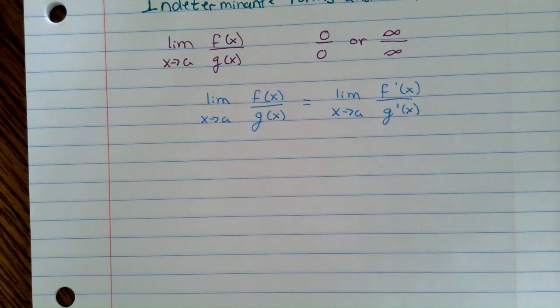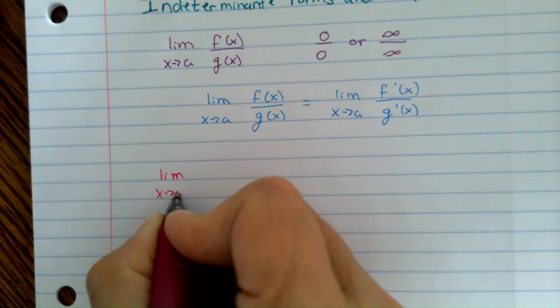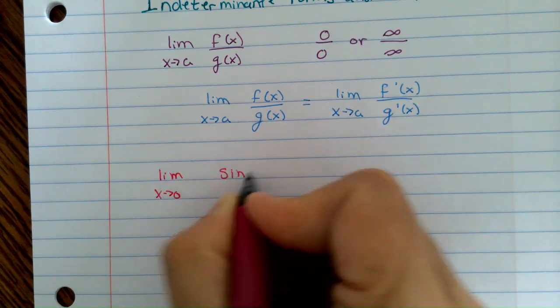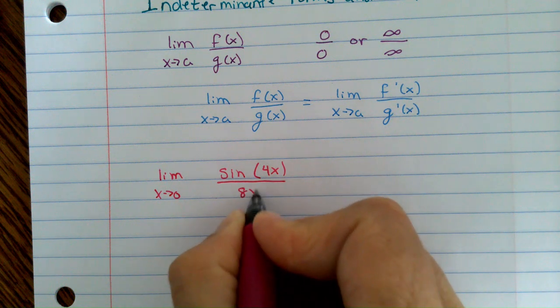Okay, so what does that mean? Well, let's look at the limit as x approaches 0 of the sine of 4x over 8x.